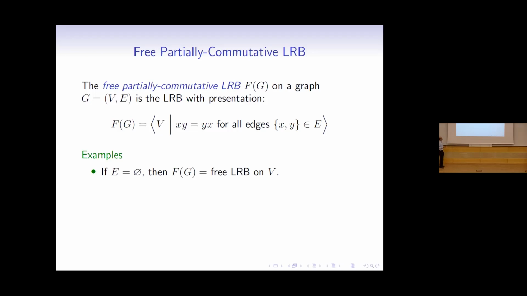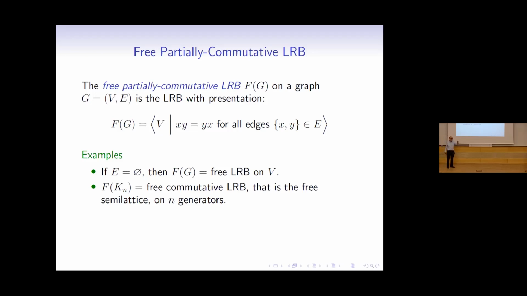Well, examples: if I don't have any relations, if the graph is empty, there are no edges, then I just get the free left regular band. No letters commute. If I have the complete graph, all letters commute. That means any two words written on the same alphabet are the same, because I can commute all letters.